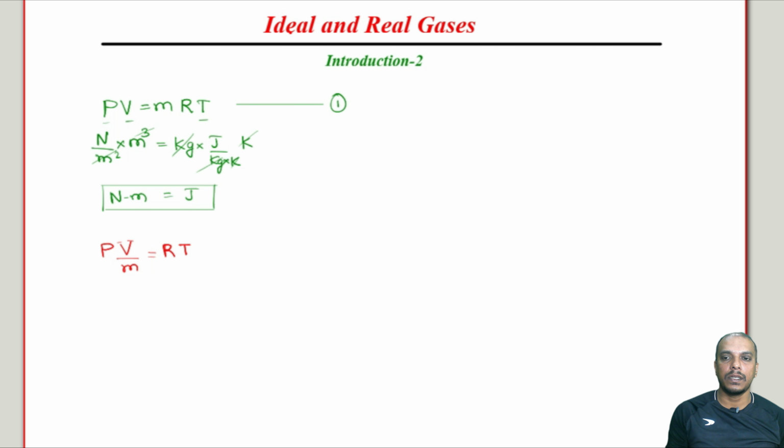Mass I have sent to the left side, it will go to the denominator. So, volume by mass, we know, is specific volume, small v. The unit of specific volume is meter cube and mass is kg. So, specific volume is meter cube per kg.